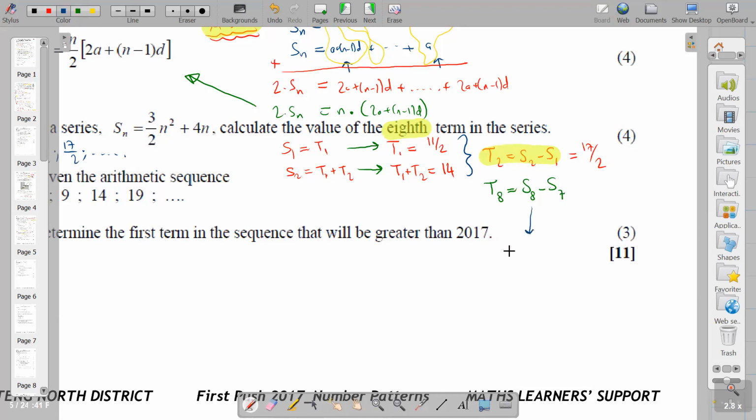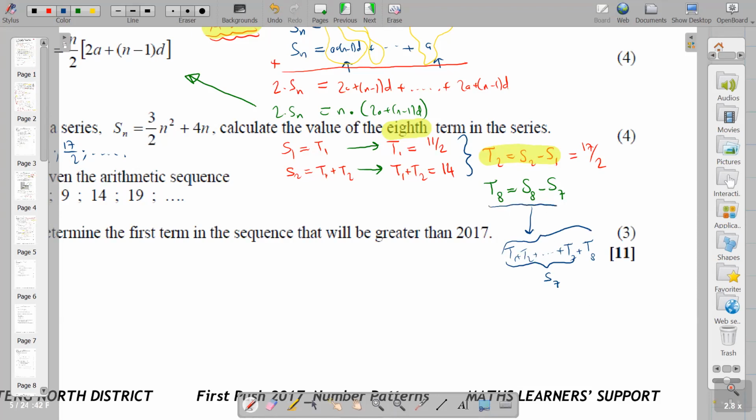All the terms from 1 to 8, so it is T1, T2, and so on, plus T6, T7, T8. What I need is to remove the first 7 of them. That part is actually S7, while the whole thing is S8. That's the meaning.